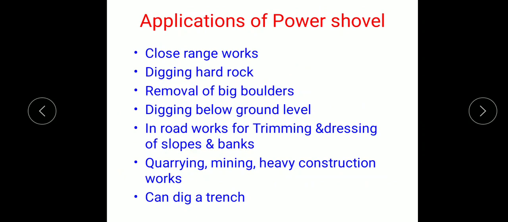The power shovel also finds applications in road works for trimming and dressing of slopes and banks. It can also be used for quarrying, mining and heavy construction works, and it can dig a trench. So these are the various applications of power shovel.